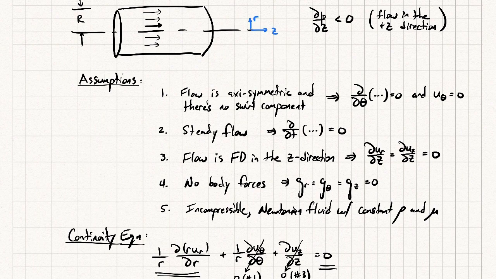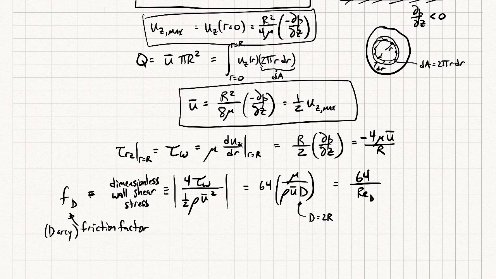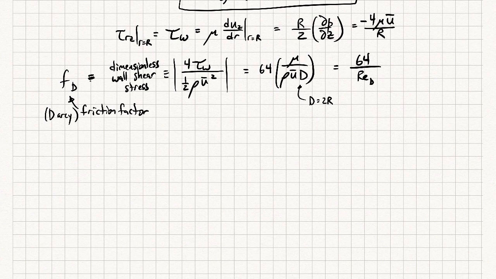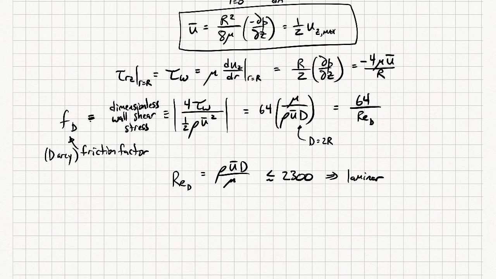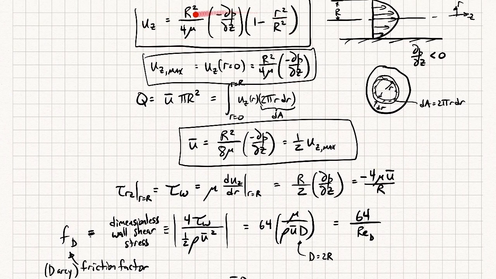If you assume that the flow's in layers, we call that laminar flow, and that really only occurs when the Reynolds number is a relatively small value. So for pipe flows, when the Reynolds number based on the diameter, calculated like that, is less than about 2300, the flow is considered laminar. And when it's laminar, this is a perfectly fine solution. It works really well at predicting what the velocity profile looks like.